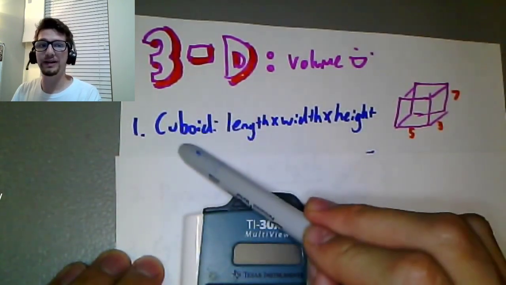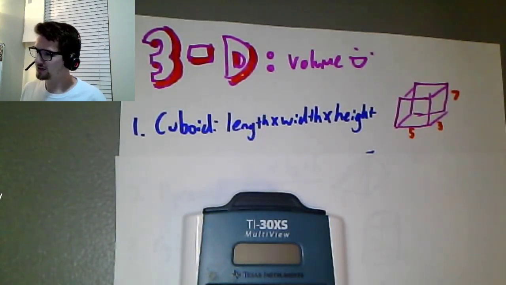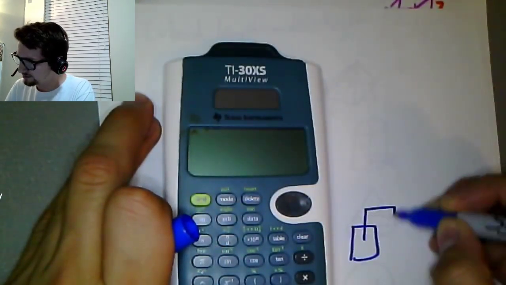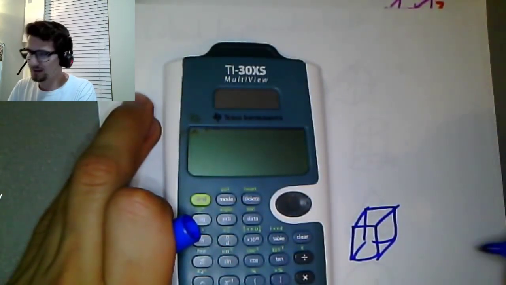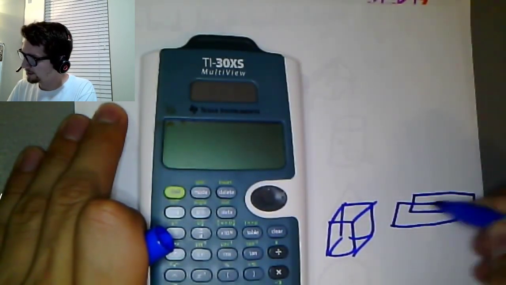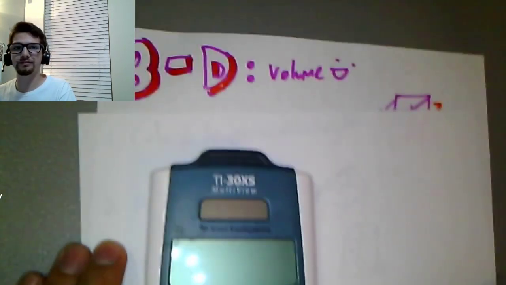So for a cuboid, which means any cube or rectangular prism, a cuboid could look like this, like a cube, or it could look like this. If it's made up of squares, then it's a cuboid.